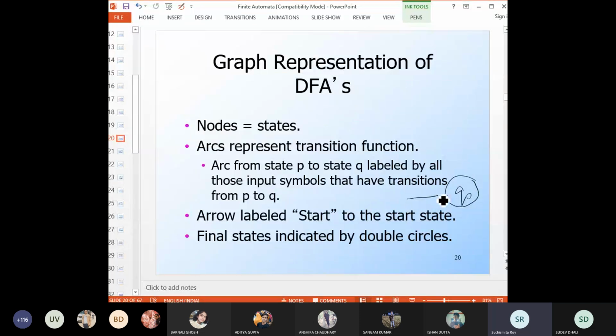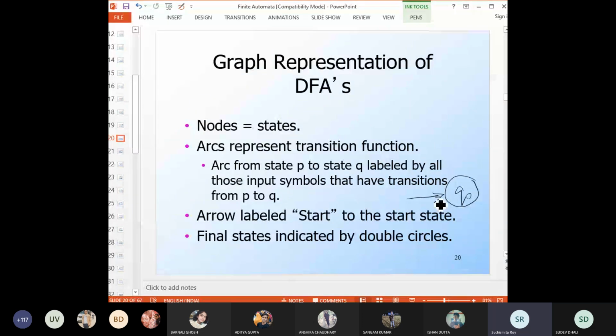But there will be an incoming arrow from outside to represent the start state. So the start state is, remember, the fourth element of the 5-tuple that I discussed before. So the fourth element you have represented like this, and final states are indicated by double circles.